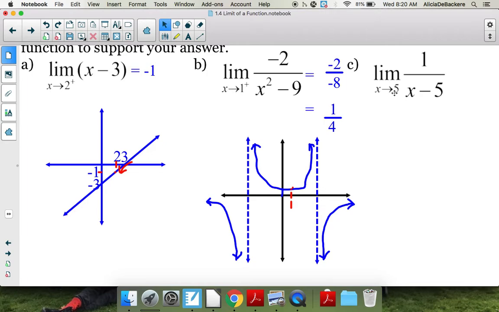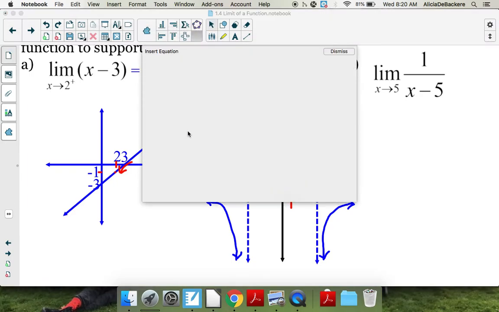But what I need to do, because I can't just plug 5 into my equation, is investigate the limit from both sides. So instead of investigating just the limit as x approaches 5 from either side, I'm going to split this, and take a look at the limit as x approaches 5 from the positive side, and then as x approaches 5 from the negative side.